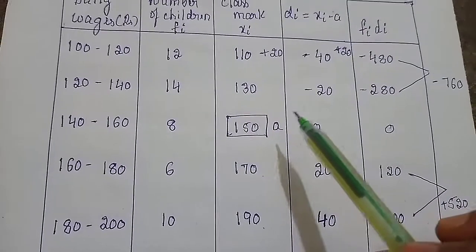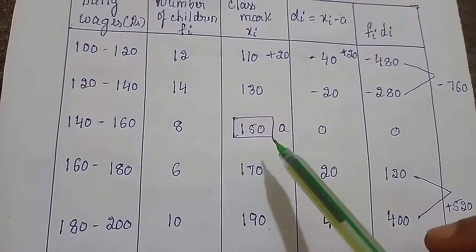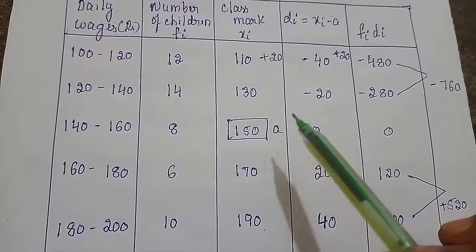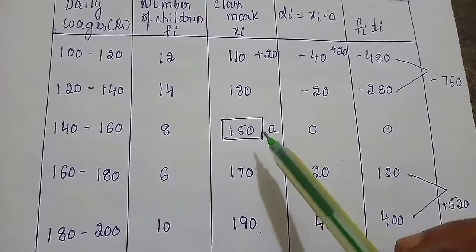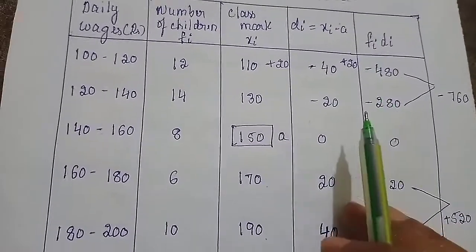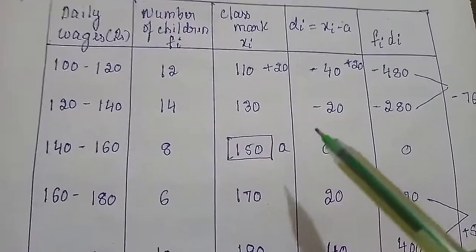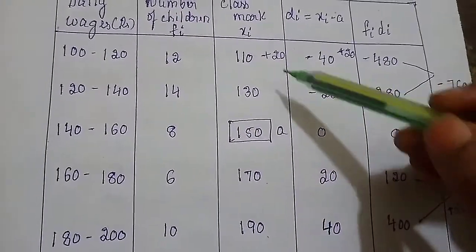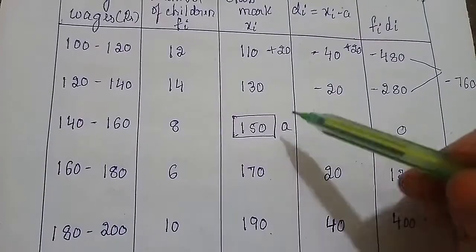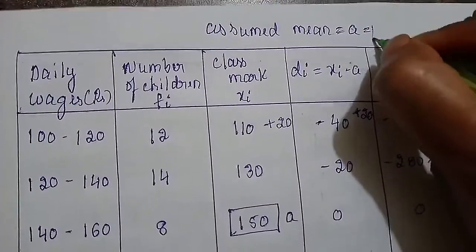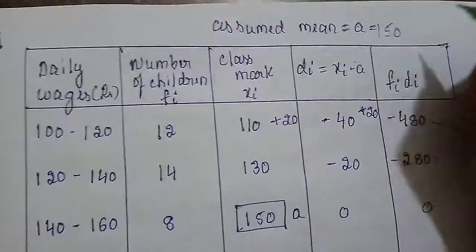If the number of observations is even, you will get 2, and any one of those you can select. You can understand why we need to take the middle observation in the next column. Now you can see here 1, 2, 3, 4, 5 observations. The middlemost is 150. So I took 150 as the assumed mean.